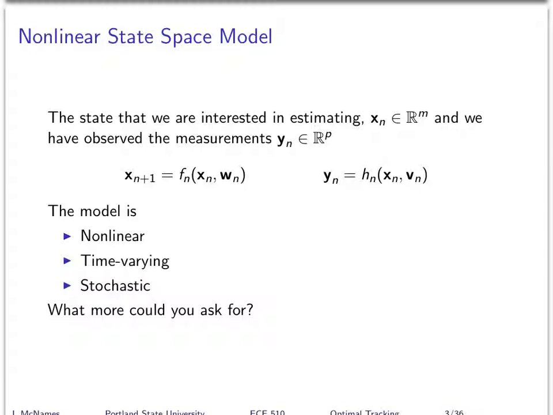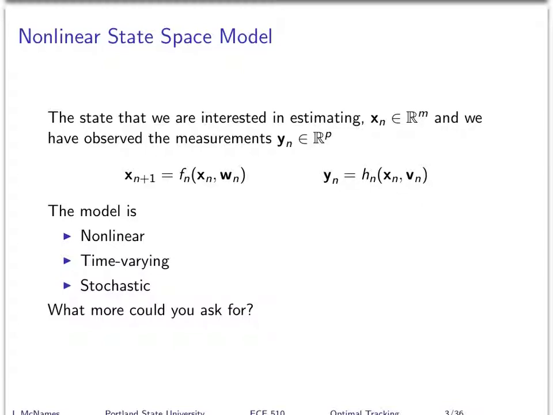This is a highly non-stationary, time varying, as nonlinear as your imagination will go, stochastic model. And what else could you ask for? If you can come up with an optimal estimator for that case, you're like, oh my gosh, I can do anything. Makes you feel omnipotent. And it's not quite that great.